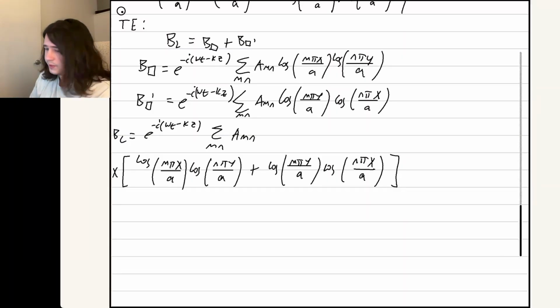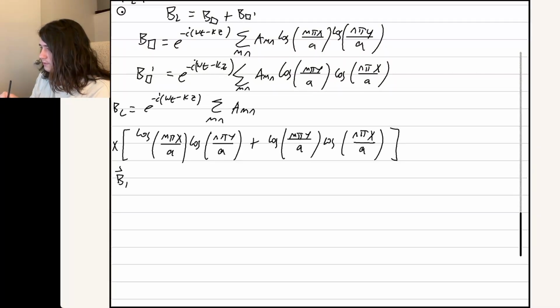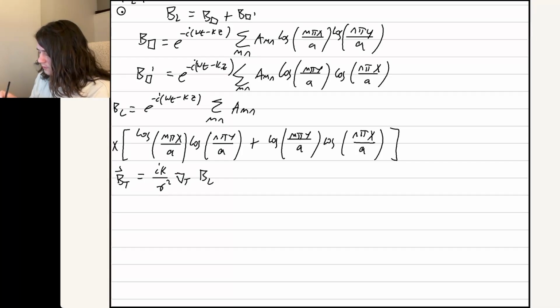So then the transverse magnetic field is what we're going to get first from this, which, as always, is just ik over gamma squared times the transverse gradient of your longitudinal field.